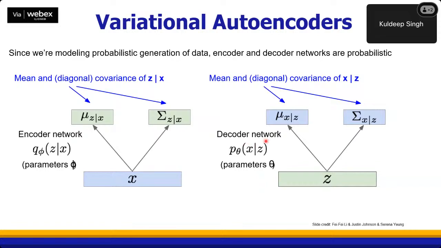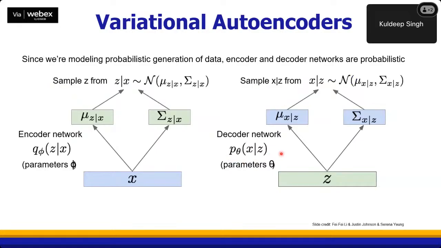Fine. Now, basically, we will sample from these distributions. Z will be sampled from this distribution Q Z given X, and again, in the decoder network, the X will be sampled from this distribution P X given Z. That is the representation here.